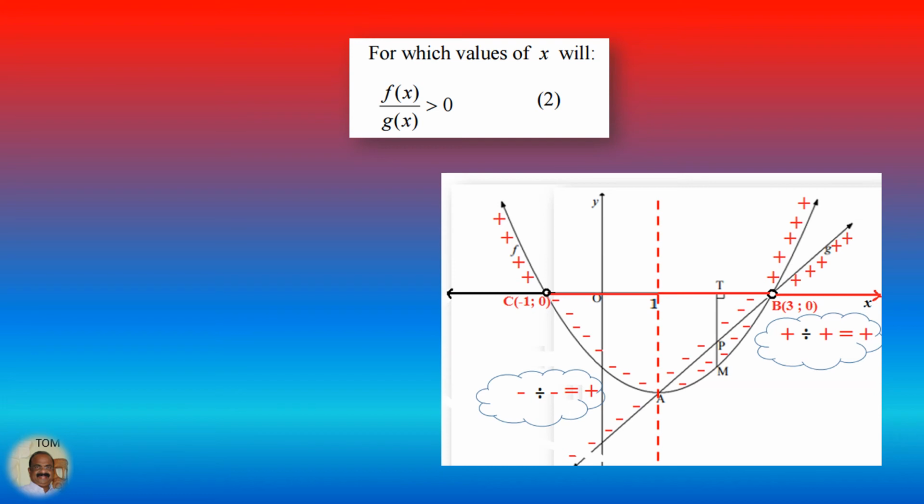But what is important? We want only the corresponding x values. So we start from -1 onwards. All gives us positive. But remember that the question is f of x over g of x greater than 0, not greater than or equal to. So we have to skip that particular point C and B. So what is our answer?